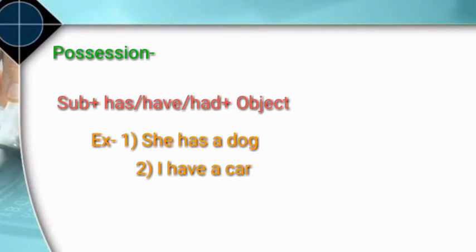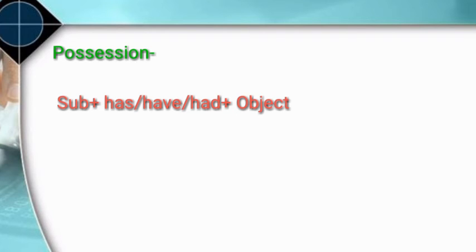And we have seen a lot of positive examples. So now let's see some negative ones. Earlier we saw the example, she has a dog. If you want to say the same sentence in a negative way, you have to use do or does. To express something with does, you have to put not also. You have to use does not, do not.